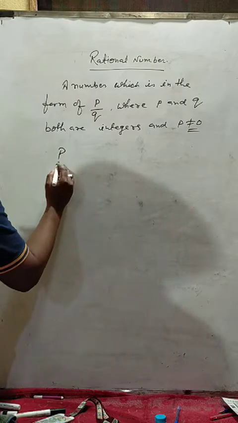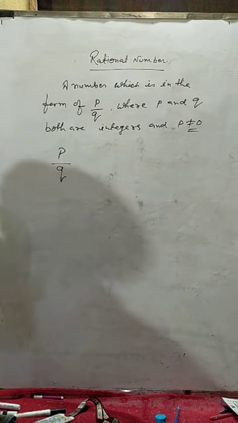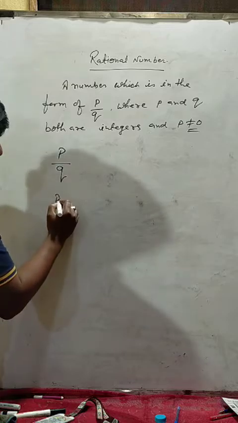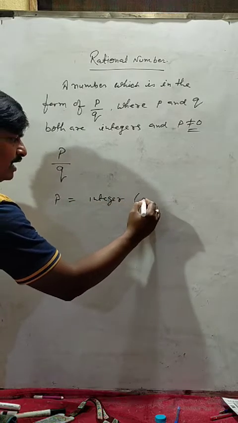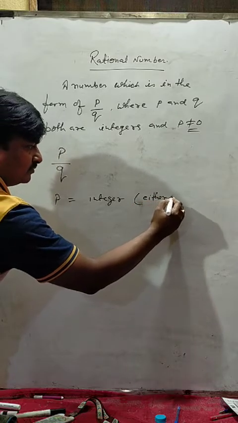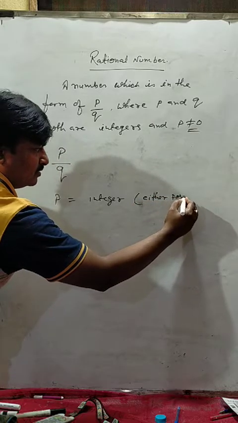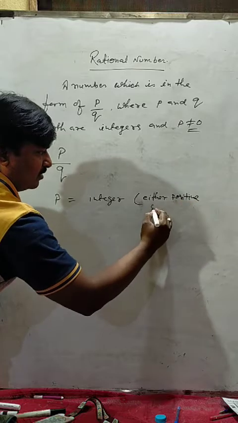A number which is in the form of p by q where p should be an integer, either positive or negative.